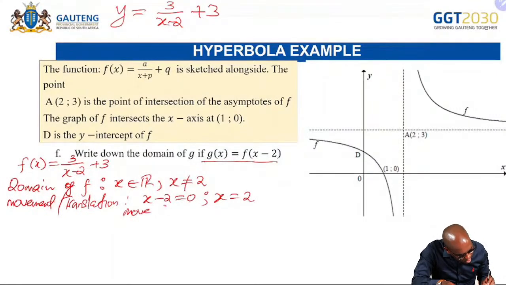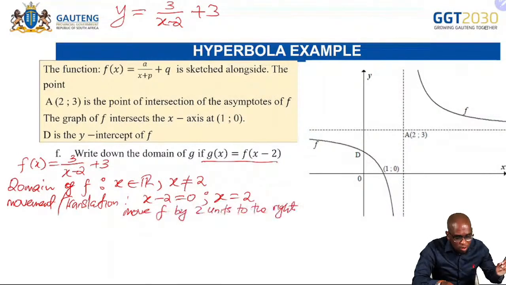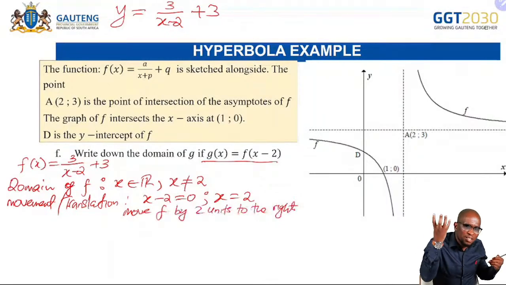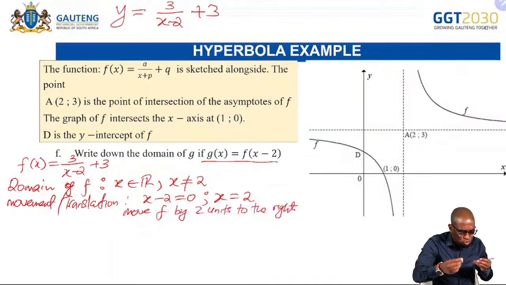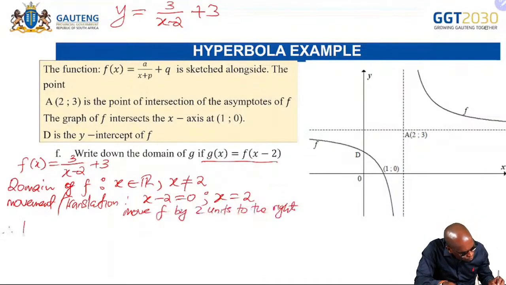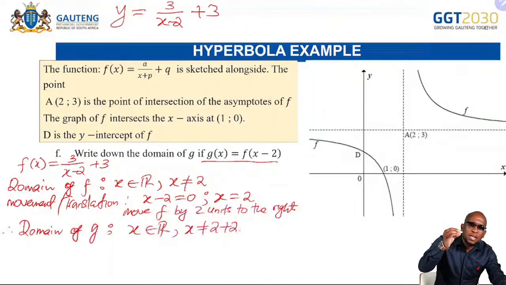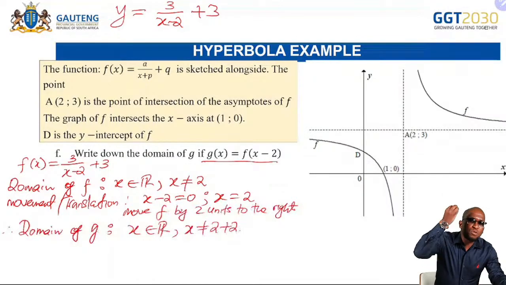Move f by 2 units to the right. Everything about f is shifted 2 units to the right, which means that its domain will also be shifted 2 units to the right. Therefore, the domain of g, which they are interested in, will now be x, an element of all real numbers, but x cannot be 2 originally, and then it is transformed by 2 units.